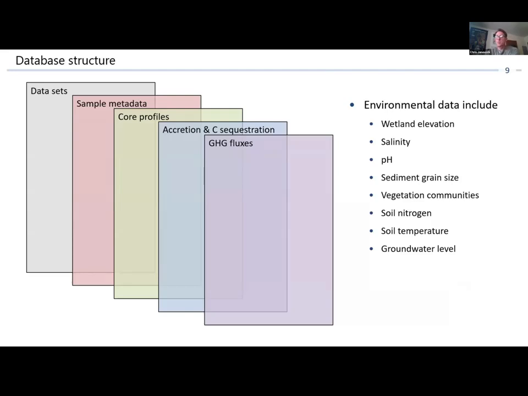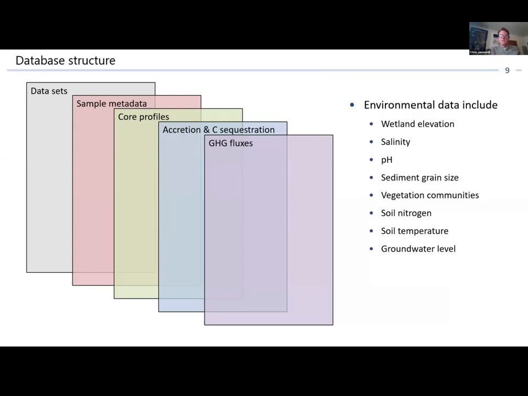For the cores, we have down core profiles, because as John showed, we often section these cores vertically to understand carbon accumulation rates and carbon density. So we have data on the core profiles. We have a separate section on accretion and carbon sequestration, and then a greenhouse gas flux piece of the database as well.